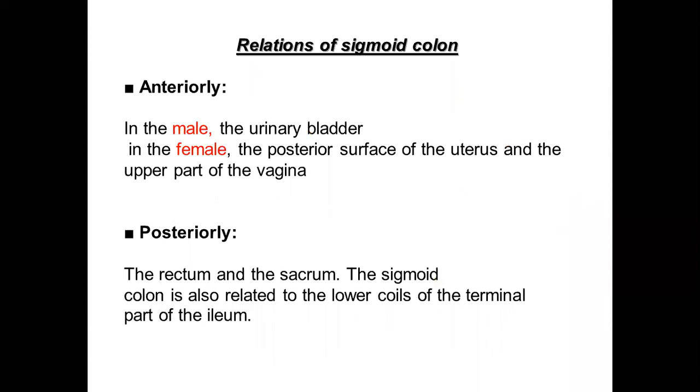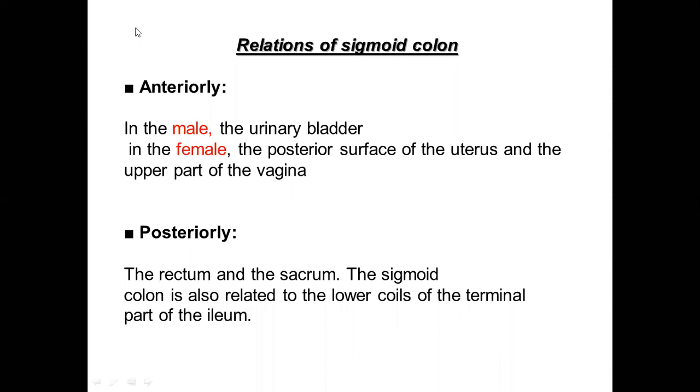Now, in the relationships of the sigmoid colon, because the sigmoid colon goes into the pelvic cavity, and the pelvic cavity has the male organs and the female organs, there will be a difference in the relationship that you need to remember. Very important is the relationship of the stomach bed that you need to cram up, and along with that, the relationship of the sigmoid colon.